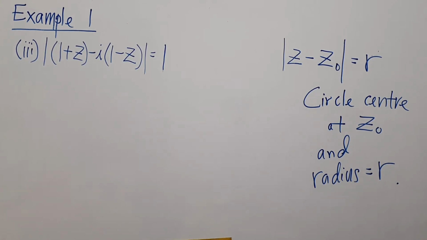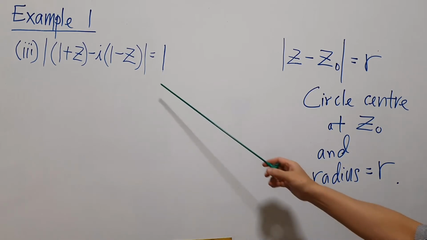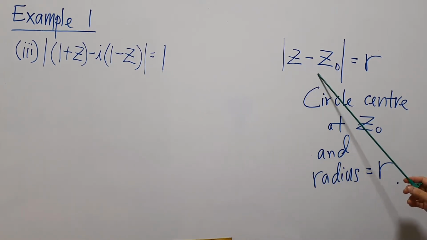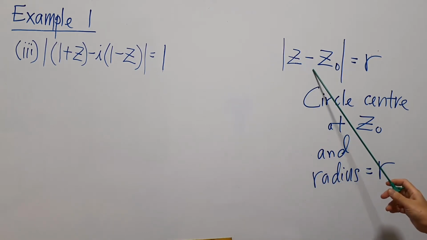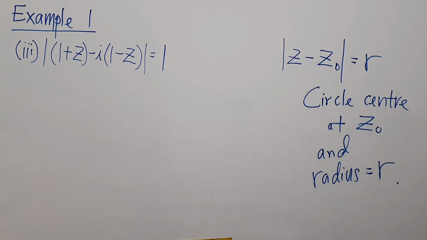For number 1 part 3, for this given equation, you compare it with the previous equation, and you'll find that this one seems a far cry from the generic form of a circle. For such a question, when it is not in the form of the general equation of a circle, you have to do some tidying up.